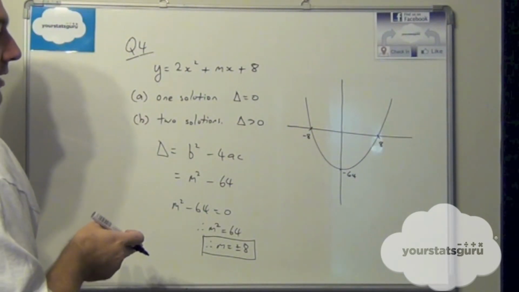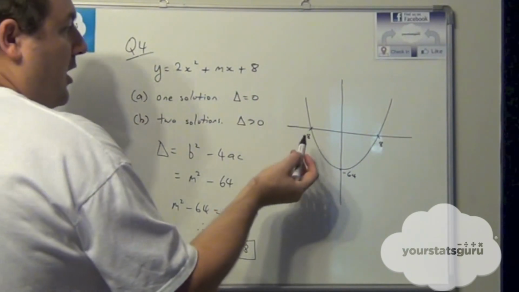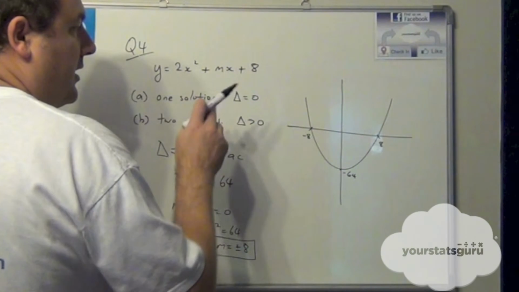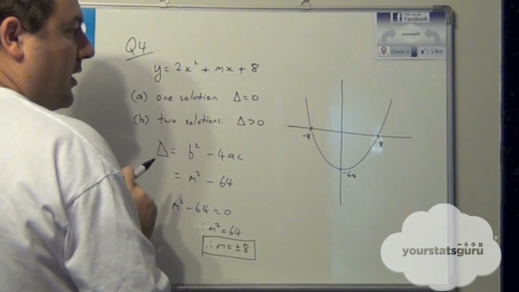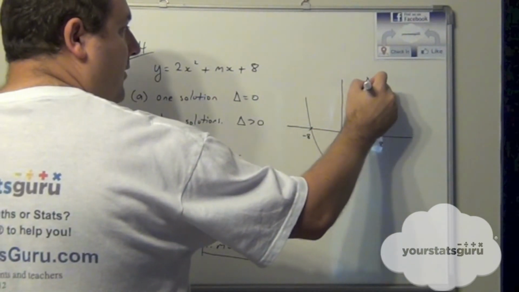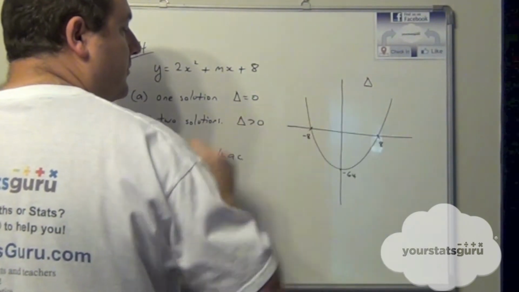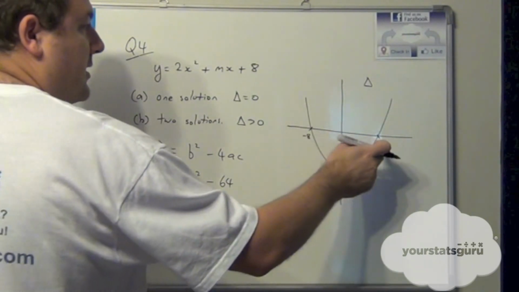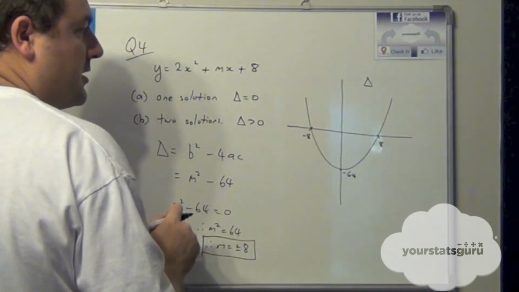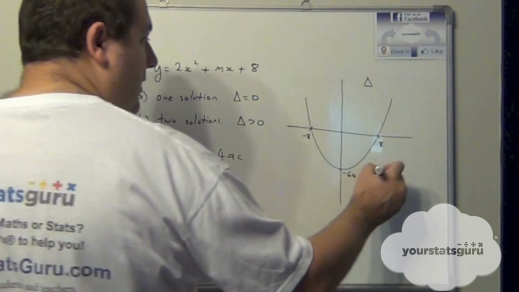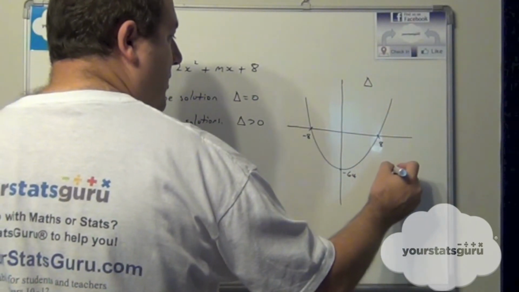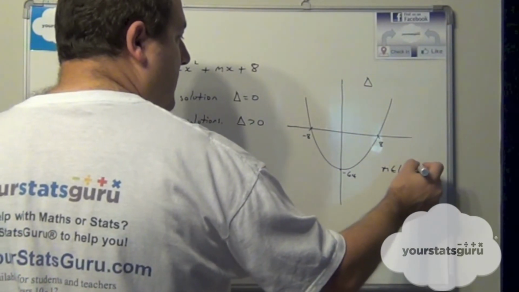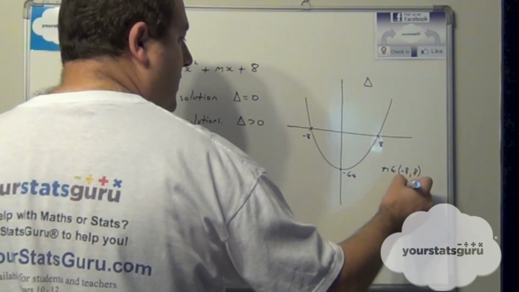So clearly, when we look at this, at 8 and minus 8, it equals 0. Remembering that this is a graph of the discriminant. Between negative 8 and 8, the discriminant is negative. So, when m is an element of negative 8 to 8, the discriminant is negative.